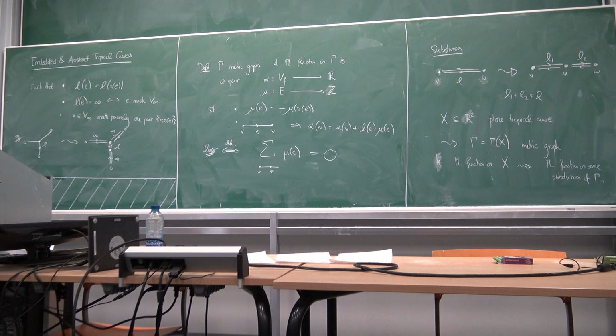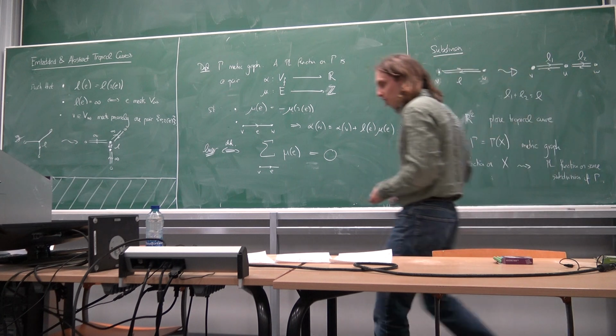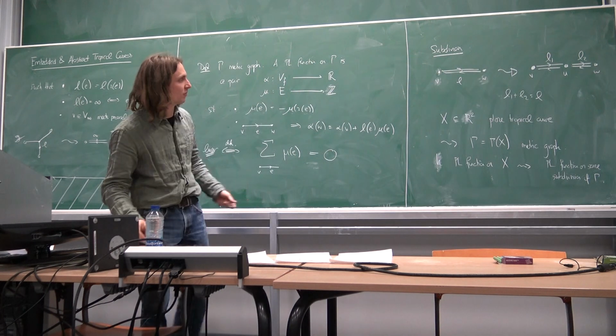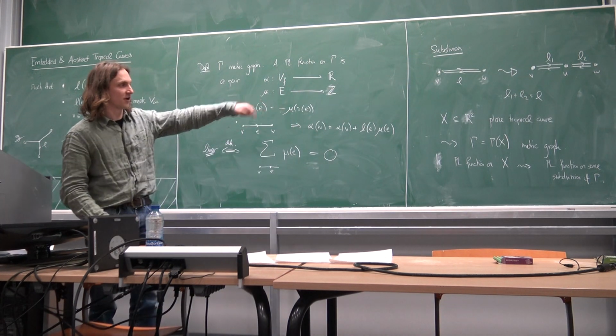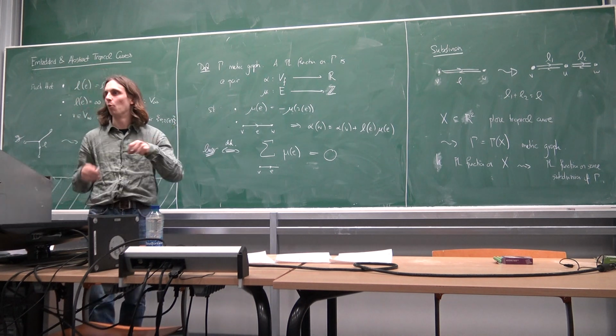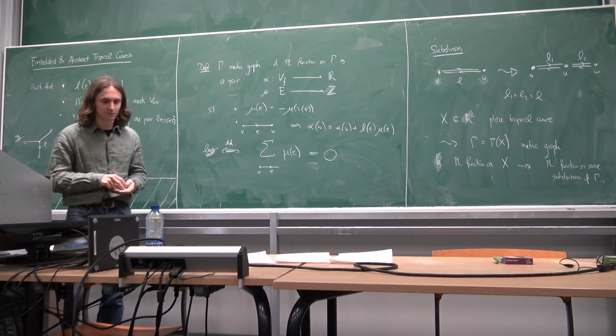In the paper, it's actually slightly more convenient to regard subdivided metric graphs as different, because they correspond to something nice happening on the geometric side of things that you want to remember. So we won't use this definition of an abstract tropical curve as an equivalence class up to subdivision, but this is one that is sometimes used.